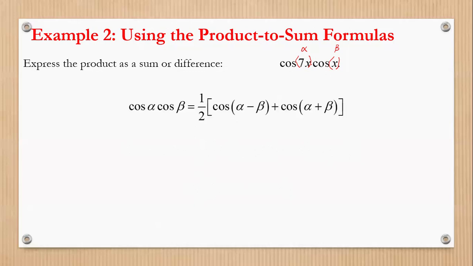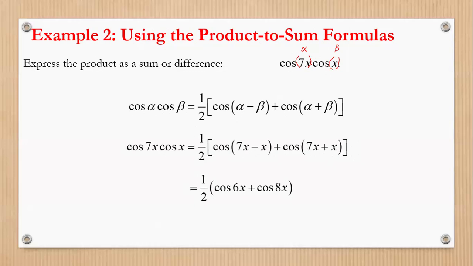Alpha is 7x, beta is x, and 7x minus x is 6x, 7x plus x is 8x. Again, cosine of 6x and cosine of 8x are not like terms because the angles are not the same. So that's my final answer. The answer is half of cosine of 6x plus half of cosine of 8x.